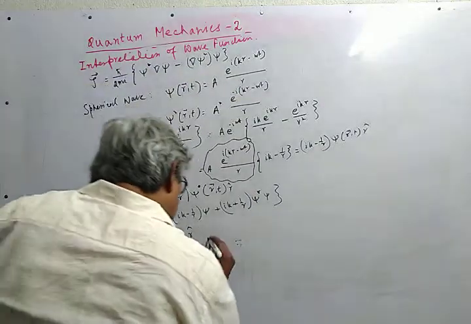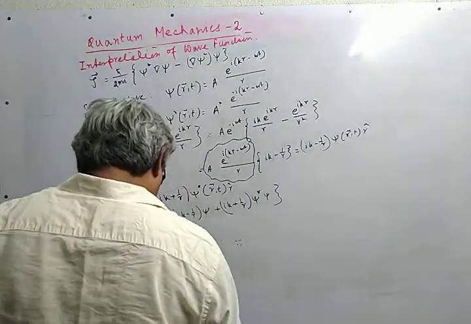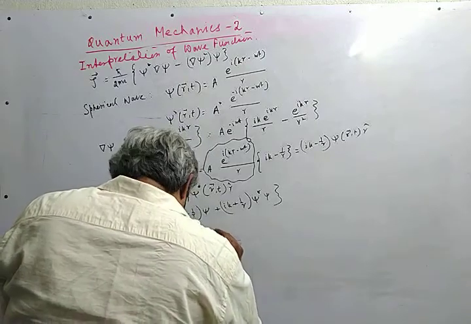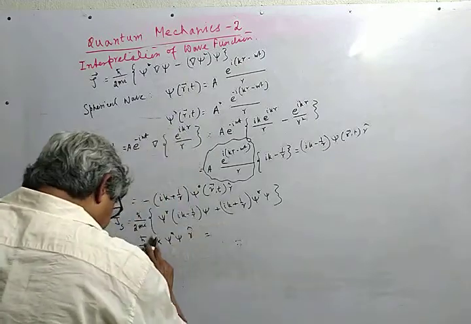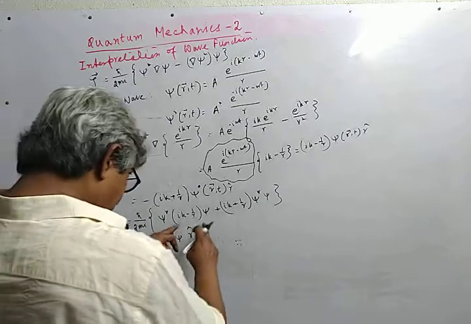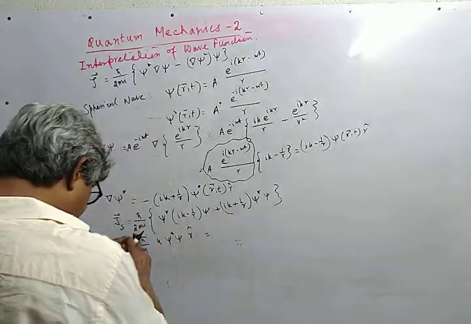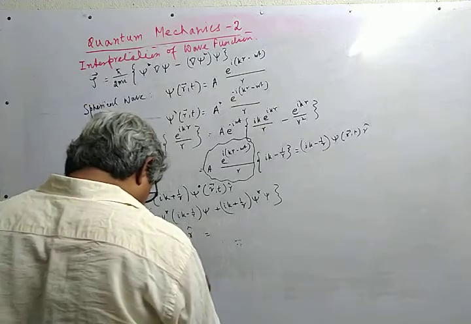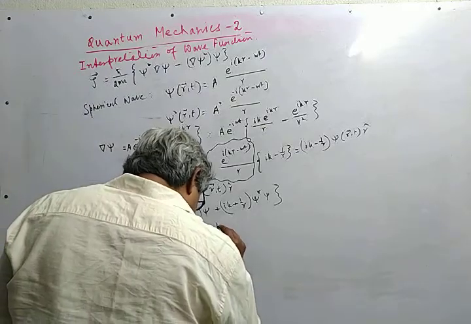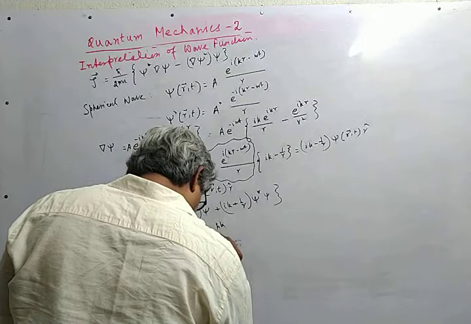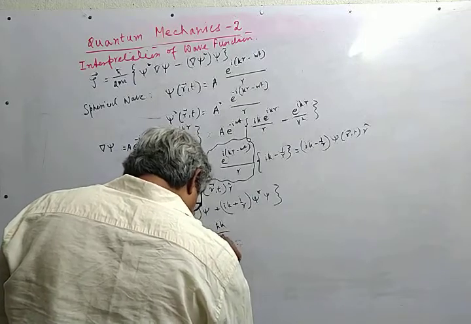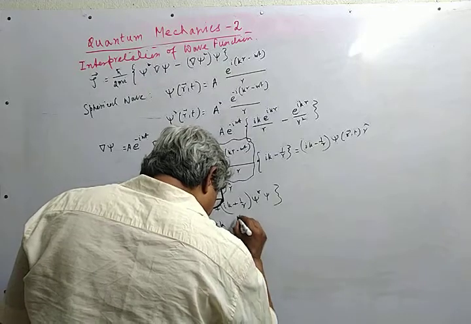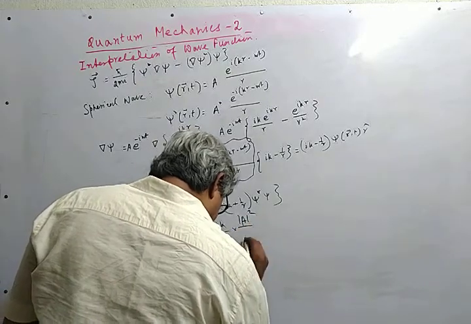So the result is, this i gets cancelled because of the 2i, and this 2, so this is k r cap, and this is h cross k by m, the vector sense is along this, and this is modulus psi squared by r squared.